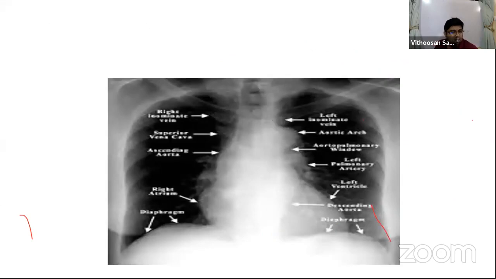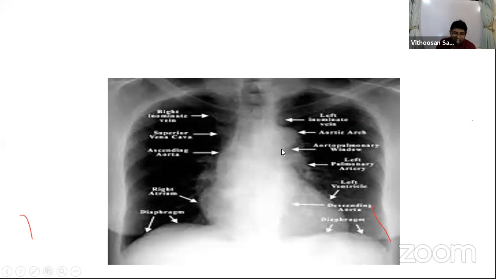Look at this, guys. This is what you are going to get tomorrow once you start practicing. You will get a chest X-ray like this. When you get a chest X-ray like this, you should be aware that the right border is the right atrium, the left border is the left ventricle, and the inferior border is the right ventricle.